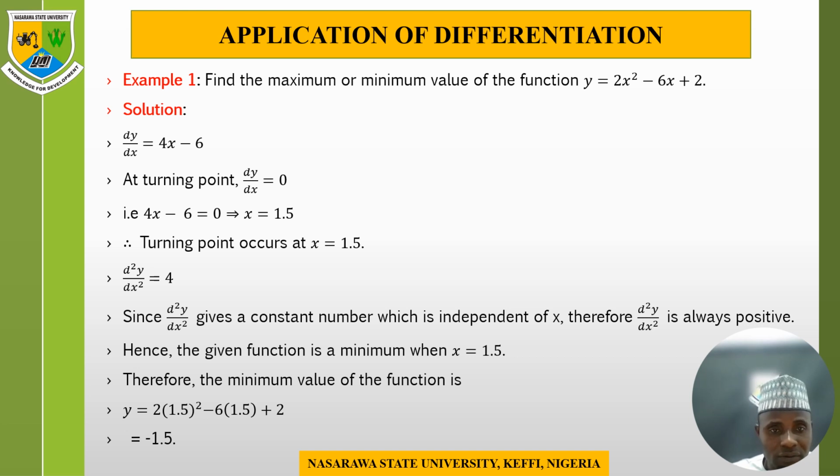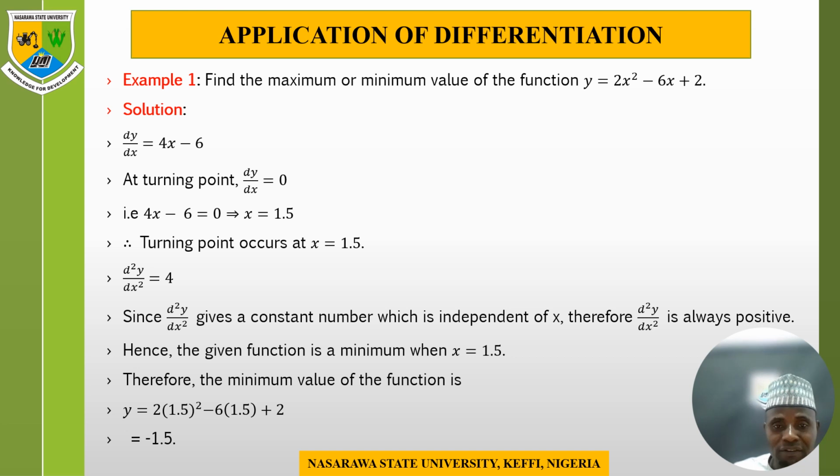equals 4. Since the second derivative gives a constant number which is independent of x, it is always positive.